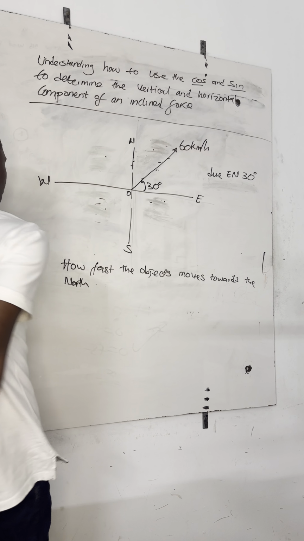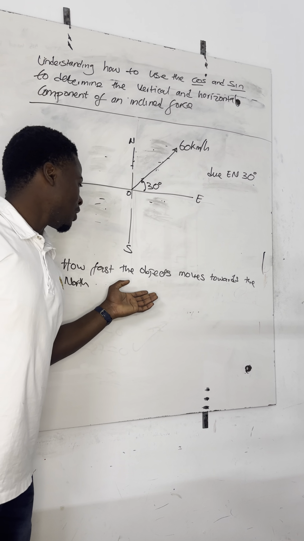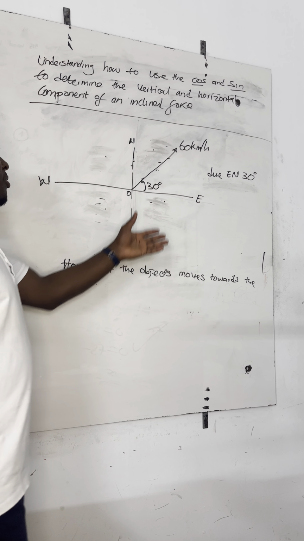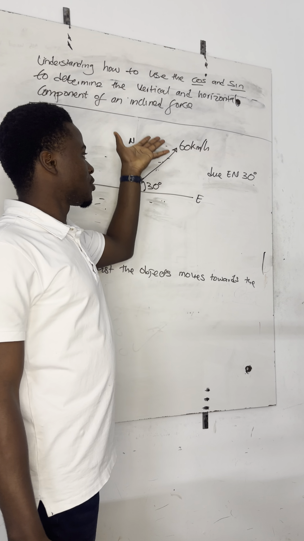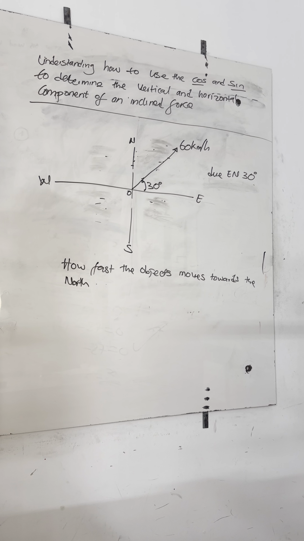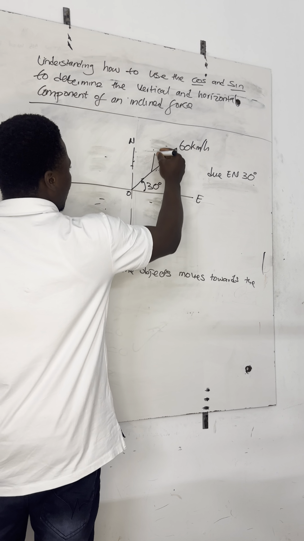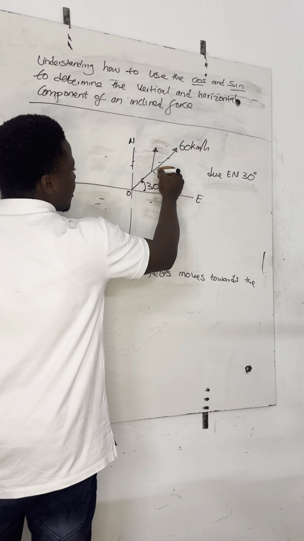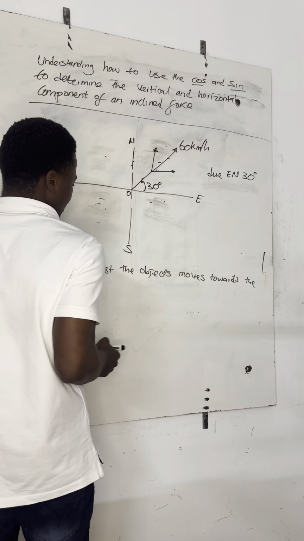Now you are asked how fast the object moves towards the north. Notice this is the speed. This is how fast it's moving towards the east, north. Now, to calculate how fast it's moving towards the north, we need to look for this force. So also calculate how fast it's moving towards the east.